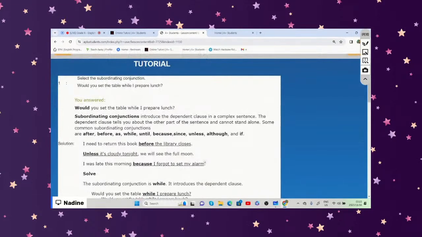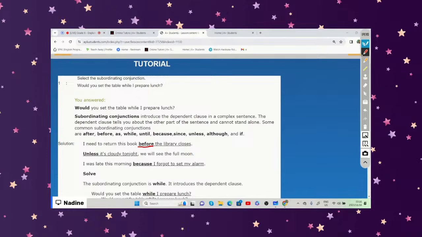All right, so I need to return this book before the library closes. So if we identify the subordinating conjunction within the sentence, we will say before.